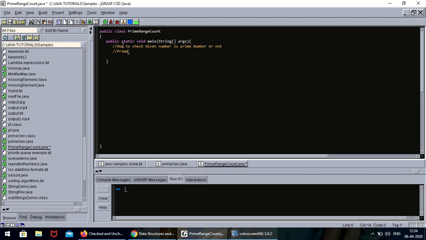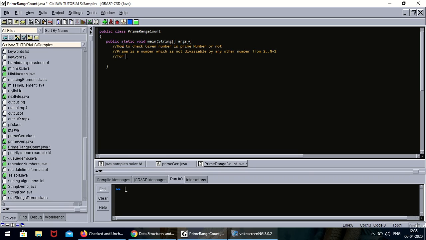A prime number is a number which is not divisible by any other number from 2 to n minus 1.